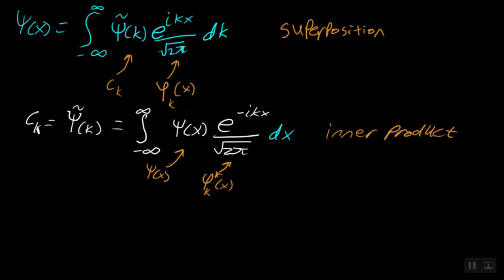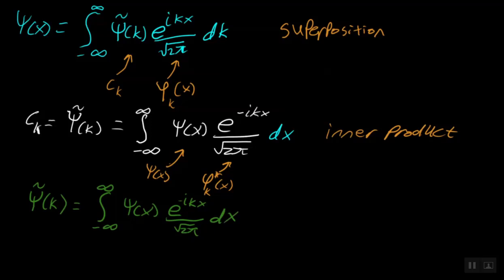And I have to write the other two a little bit smaller. So I'm going to write them in a new color. So now we know psi tilde of k is the integral from negative infinity to infinity of psi of x times e to the minus ikx over root 2 pi dx.